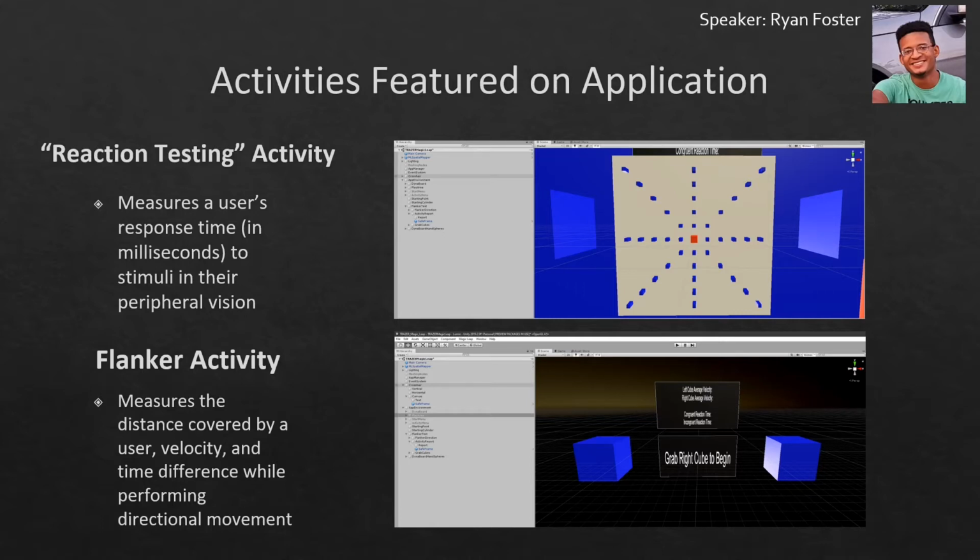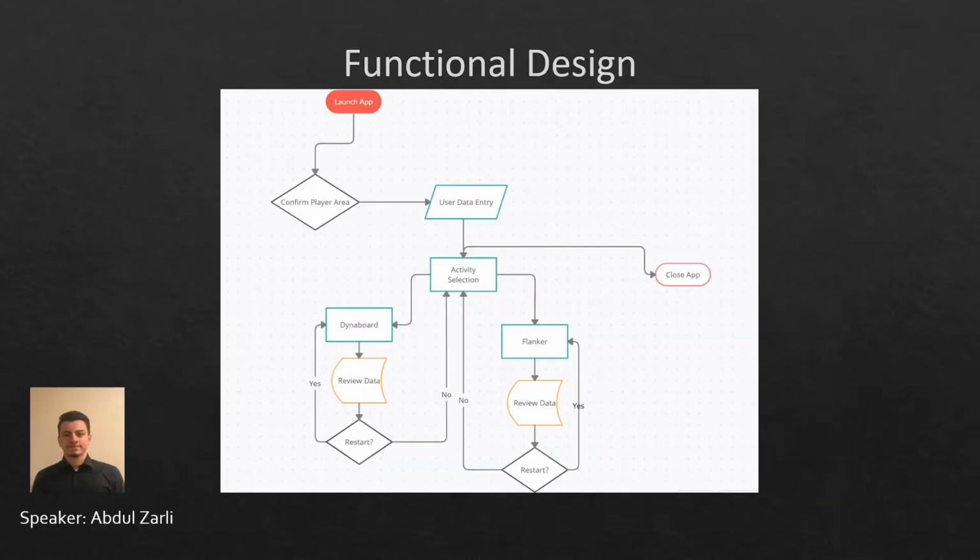Whereas the reaction testing application is focused on reaction time, the flanker application looks to track other metrics such as the user's velocity using the Magic Leap's own spatial tracking hardware. Again, these values will be stored locally on the device and then uploaded to our database when the activity is complete.